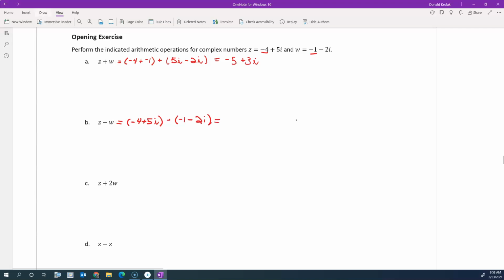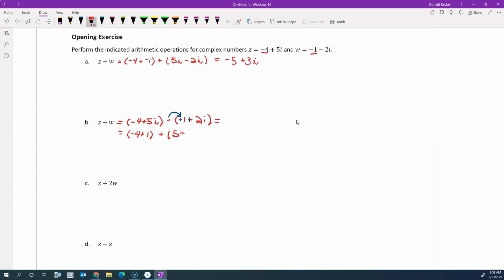Then this is going to distribute through that negative, and it's going to change these guys to a plus and a plus. So now this is just -4, plus 1, plus 5i plus 2i. So we end up with -3 plus 7i.